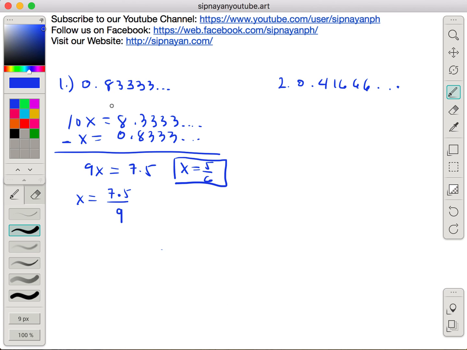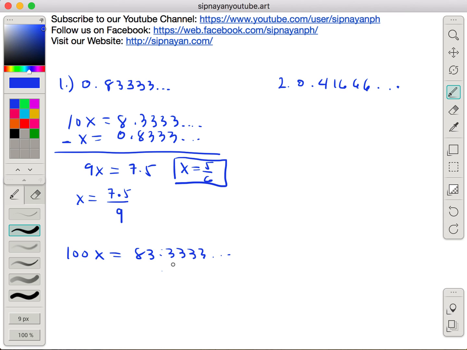So, 100x is 83.3333, and so on. Pag 100, diba, dalawang decimal places. Tanong, x pa rin ba ang ma-minus ko? Magkakaroon ako ng 0.8 dito.